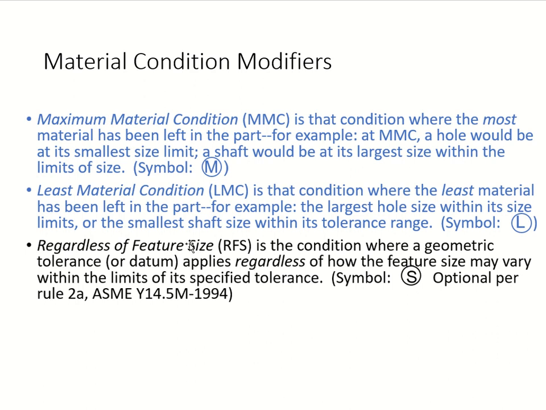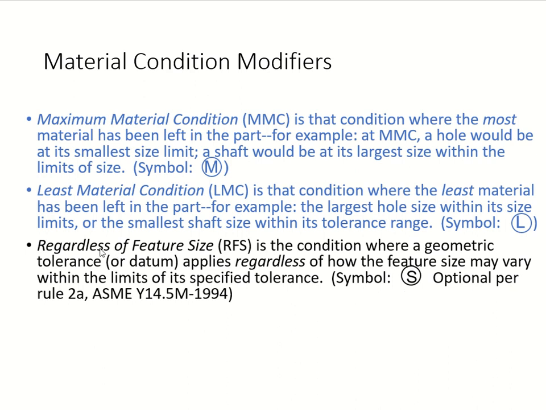Sometimes they ditch the size. I don't know why. You will rarely see it in some books that don't follow the standard. Anyway, regardless of feature size, RFS, in this book just go with RFS here. It's just a condition again, and your tolerance is going to apply.